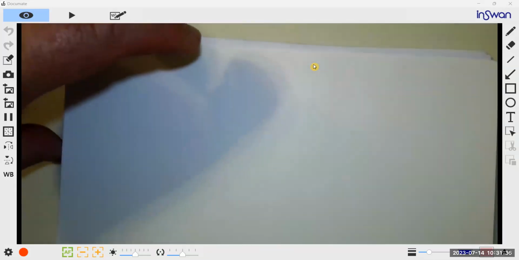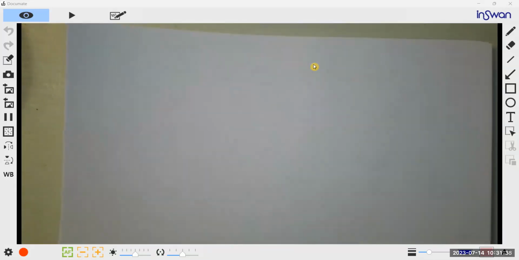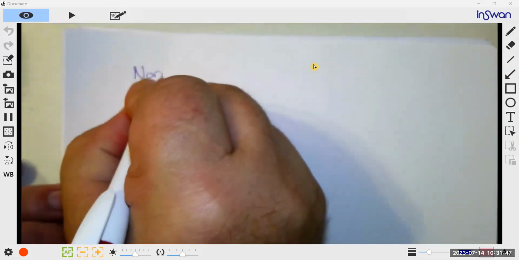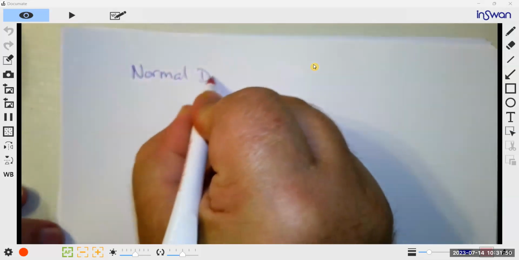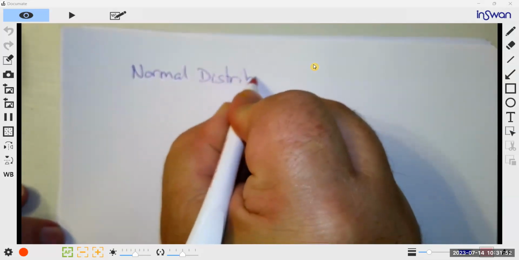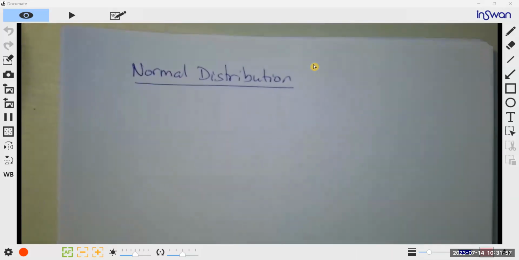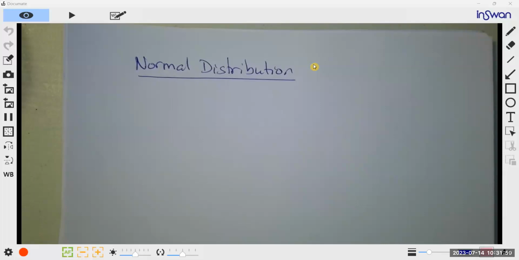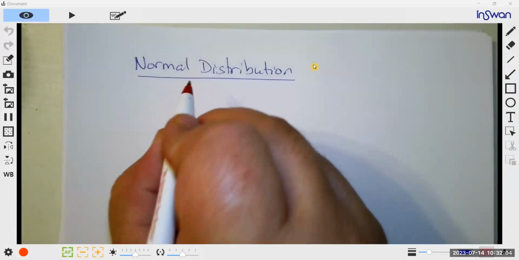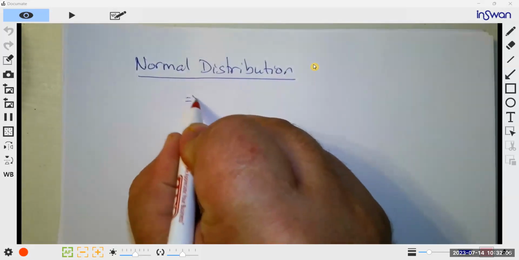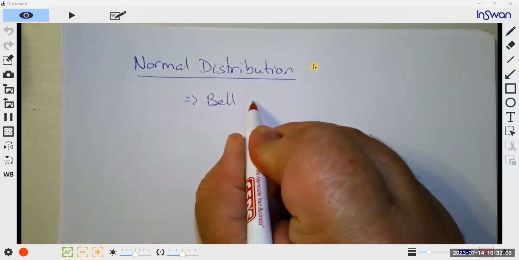Okay, the next one is called a normal distribution. And this is what we talked about the other day also, is what exactly is a normal distribution? A normal distribution, another name for it is the bell curve.